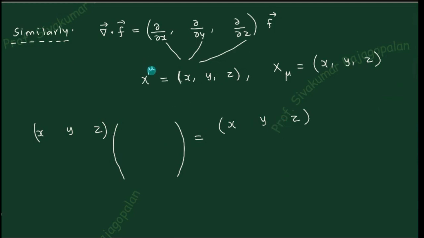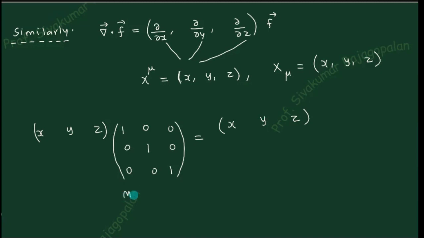One version is contravariant, the other version is covariant. So you fill it like this: 1 times x will be here, 1 times y will be this, and 1 times z will be this. I don't want other types of combinations, therefore put a 0 there. Now you see that this multiplied by that will give you this.